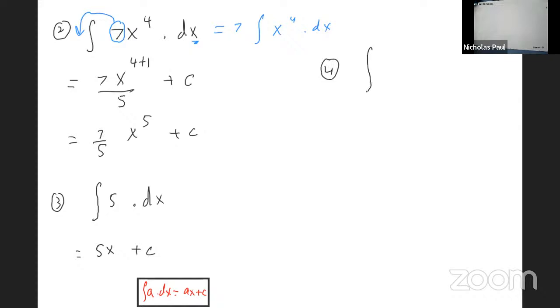Right? So what's the integral of 2x minus 3? See if we can figure out what's the integral of 2x minus 3.